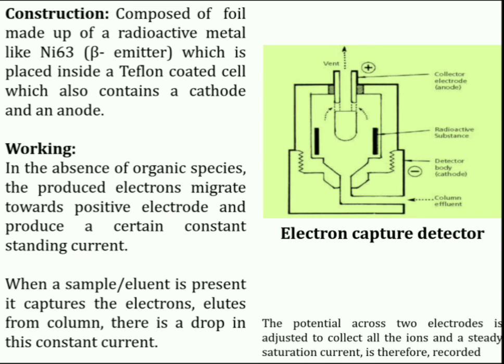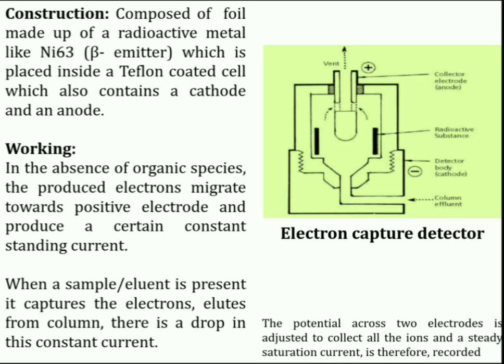Construction. These detectors are usually made up of a radioactive metal such as nickel-63, which is placed inside a Teflon coated cell which also contains a cathode and an anode. In the absence of organic species, the produced electrons migrate towards the positive electrode and generate a certain constant standing current.